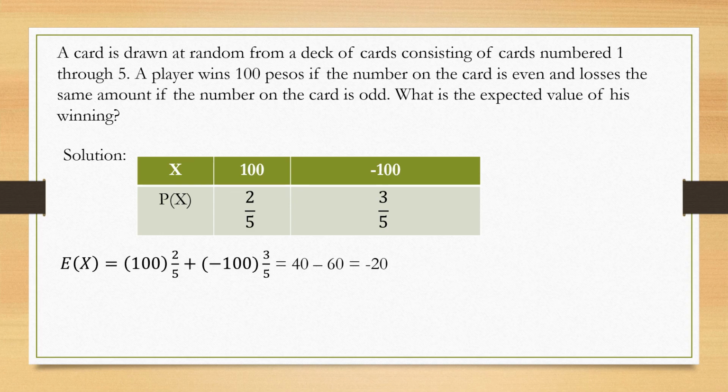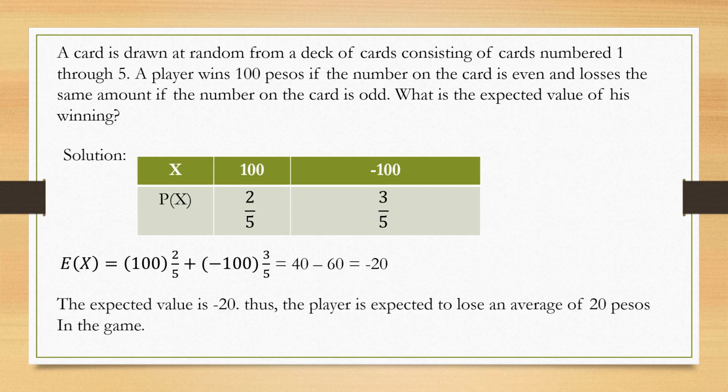So 100 divided by 5 is 20, times 2 is 40. Next, minus, we have 100 divided by 5 is 20, times 3 is 60. So 40 minus 60 is negative 20. So what is the meaning of this quantity, negative 20? The expected value is negative 20.